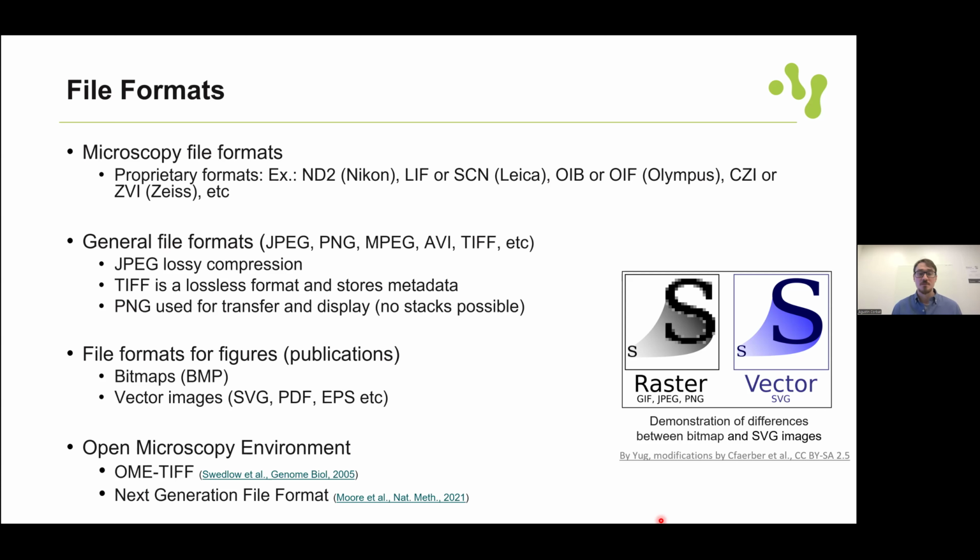Because most of the times you will have to load the whole image to show it, for example. But if you really know where the piece of information is to show the image, you don't have to load everything. And this is great if you're working with really big images that you cannot fit in the memory of your computer.